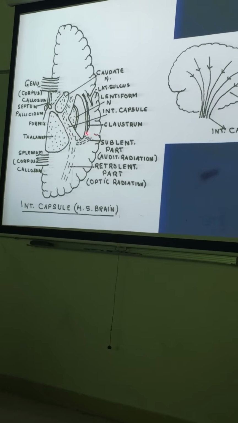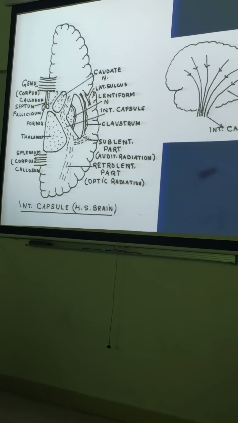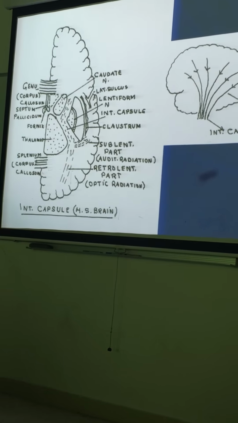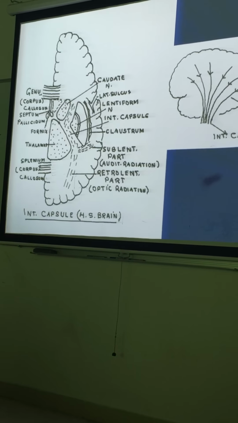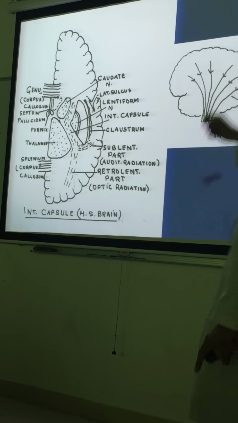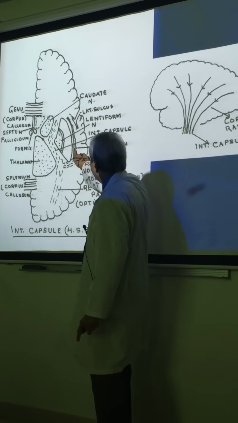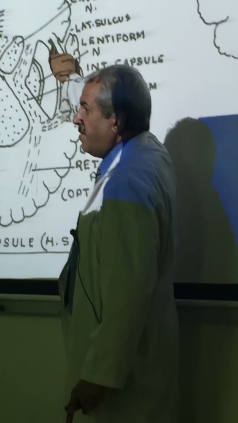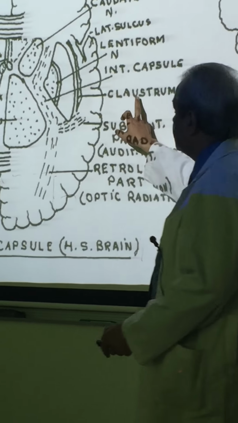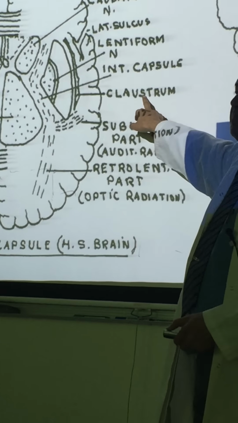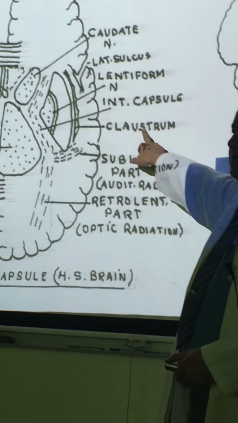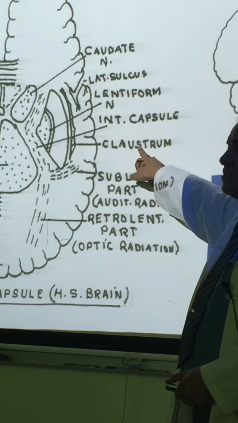Lateral to the lentiform nucleus, there is another gray matter, strip. Yes, this is called claustrum.